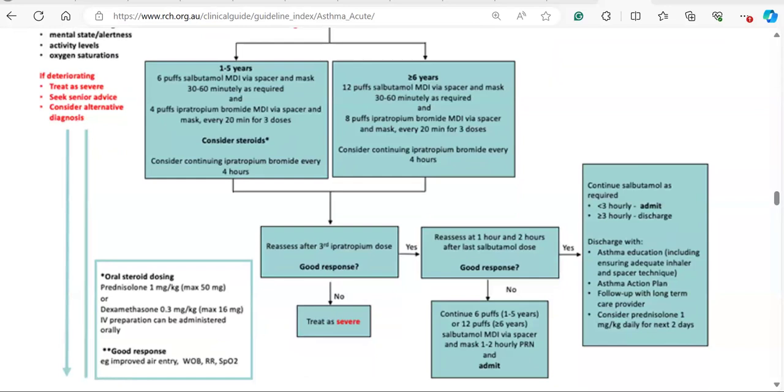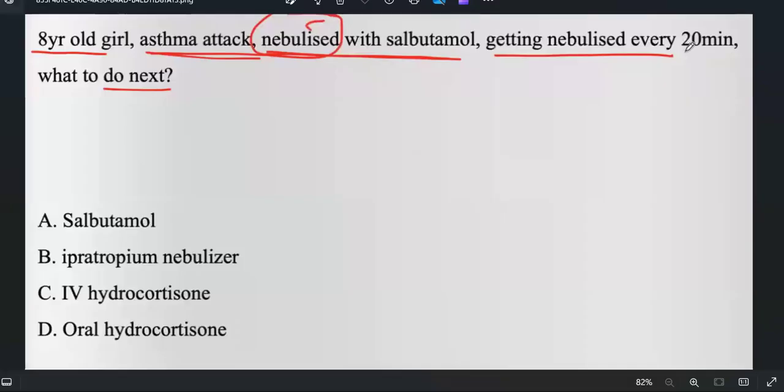So the questions that you guys have shared are not complete questions. They usually write very clearly what kind of asthma it is, like acute severe asthma attack. If it is a severe asthma attack, the answer will be ipratropium.